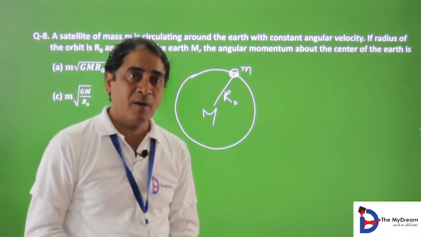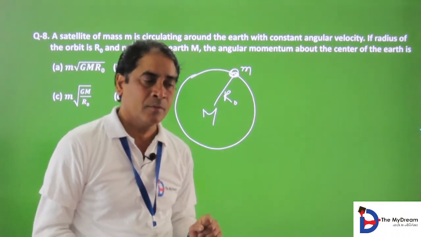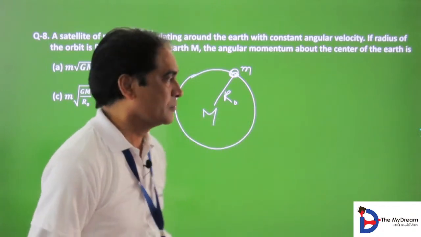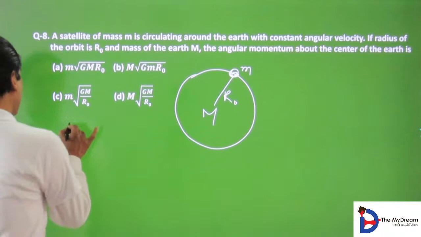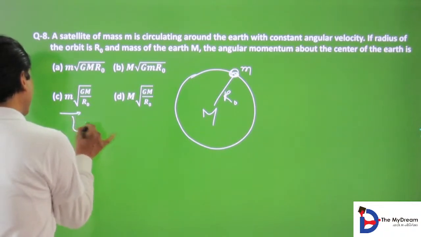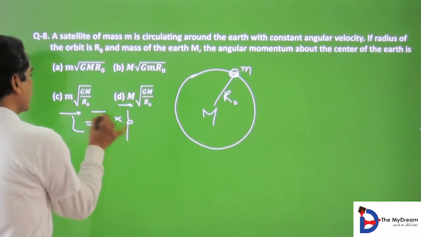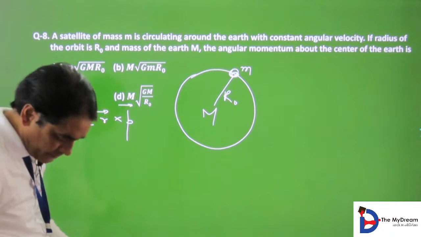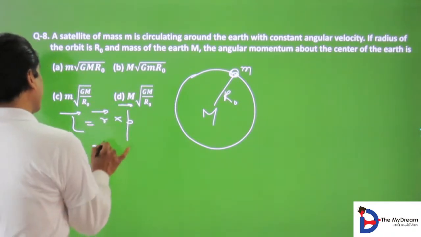As you know, if no external torque is applied on an object, the angular momentum remains conserved. Here, angular momentum is given by this. And the radius is r0.